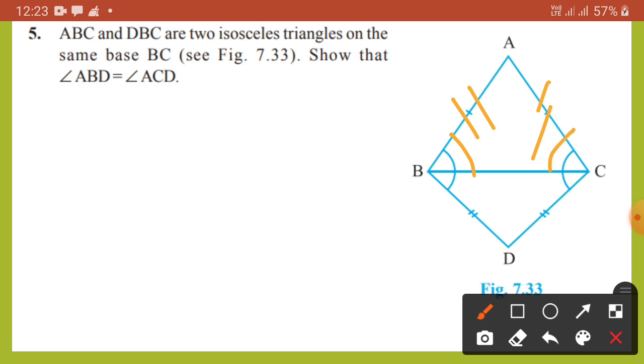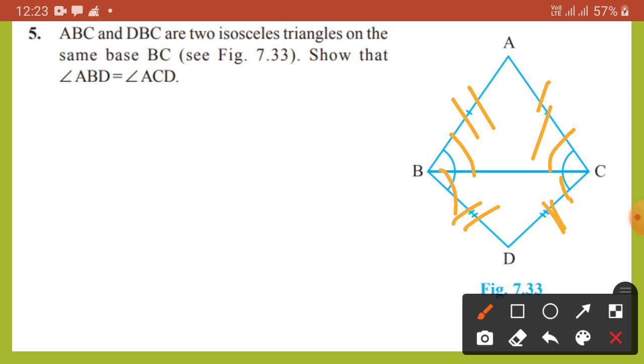Angles opposite to equal sides are equal. And also in isosceles triangle DCB, BD is equal to CD and angle DBC is equal to angle DCB. Angles opposite to equal sides are equal.